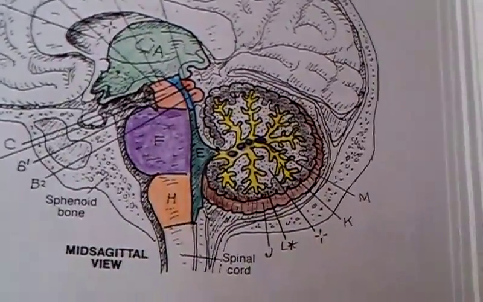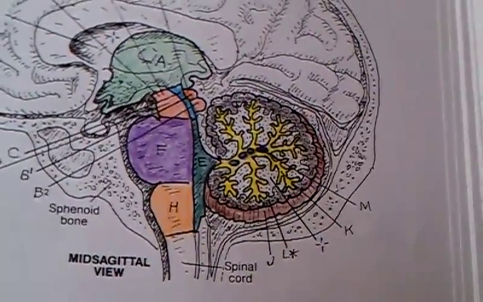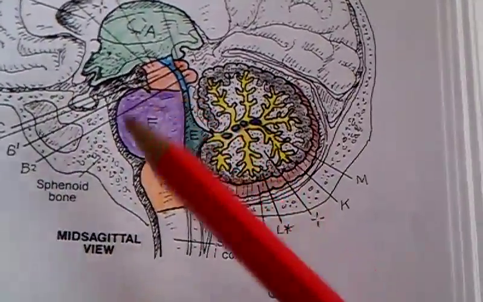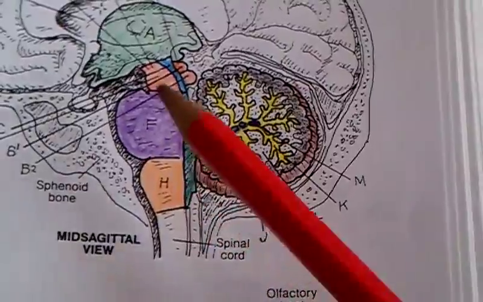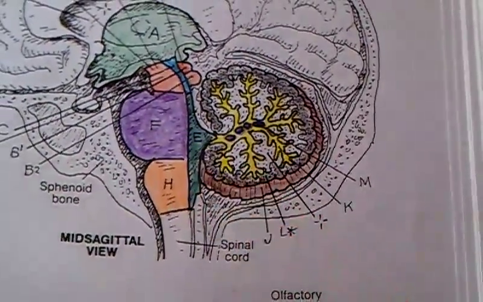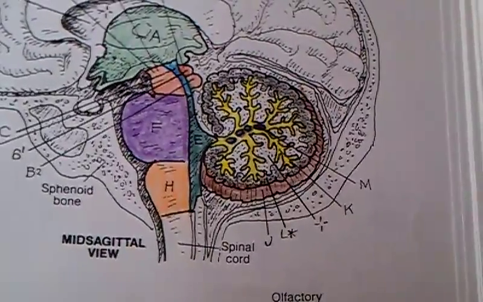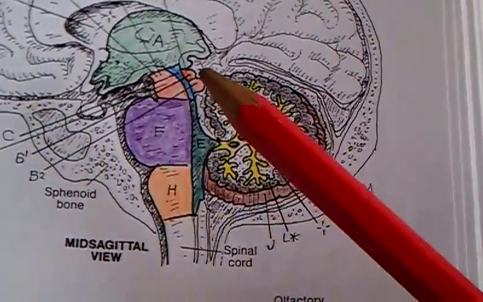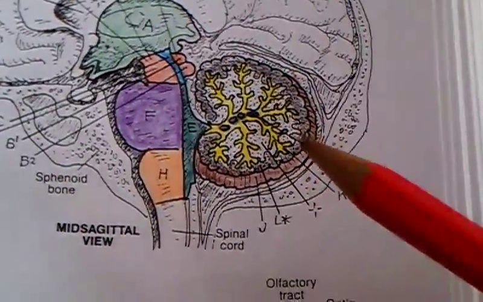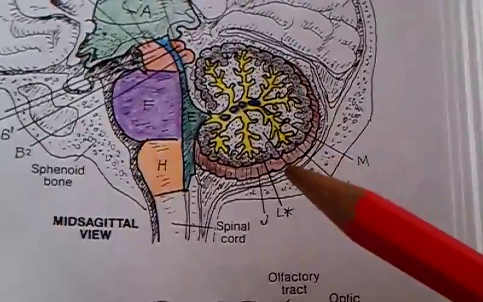Then you have the nucleocerebellar tract. They contain fibers from the nuclei of some cranial nerves, mainly trigeminal, which is in the pons. Next we have the tectocerebellar tract, from the tectum of the midbrain, for passage of auditory and visual impulses.